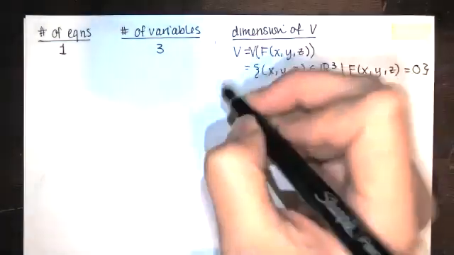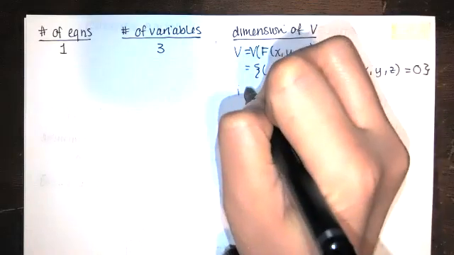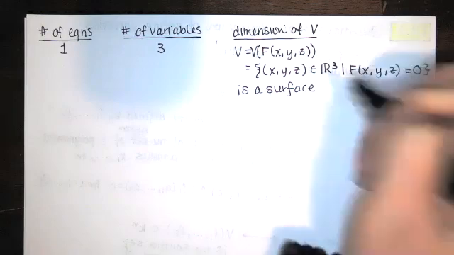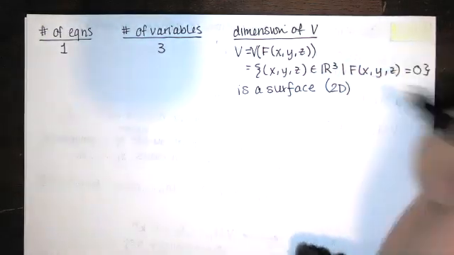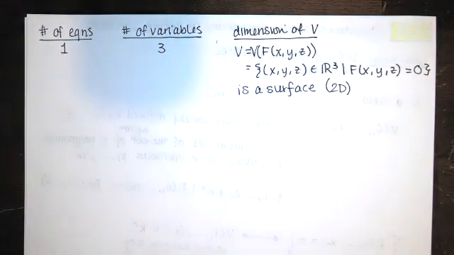But generally, this is a surface. And a surface is two-dimensional. So we had one equation, we had 3 variables, and the dimension was 2.